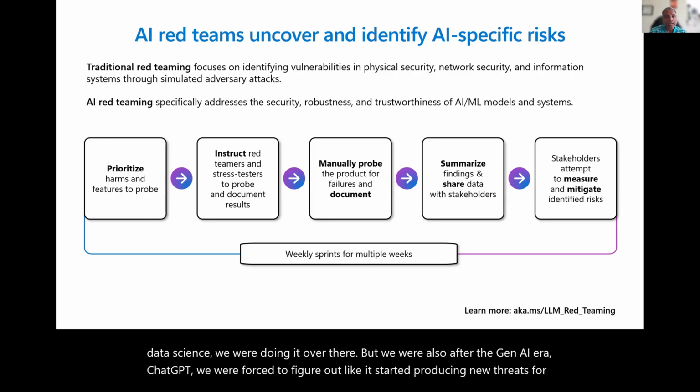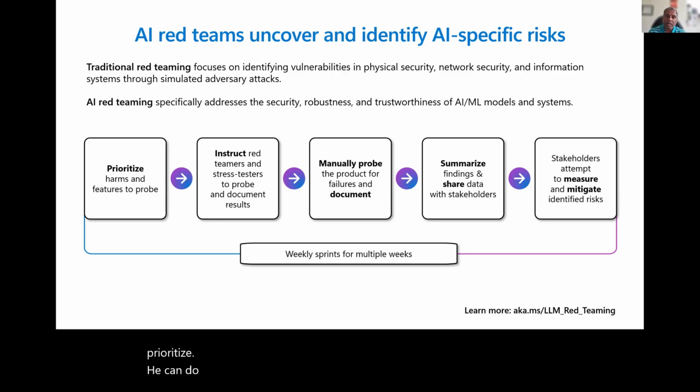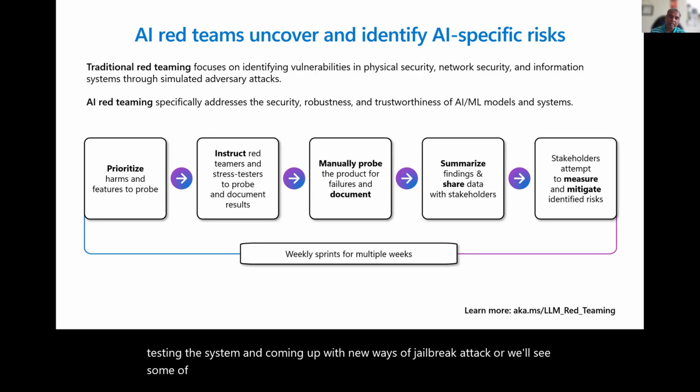So we started having a group of people who prioritize what harms we can actually address, and then instruct the red team testers to keep on testing the system and coming up with new ways of jailbreak attack, or we'll see some of the attack strategies we have right now.